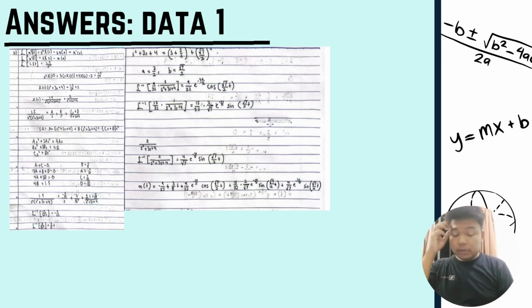then we move on to the second question 2, which is for the Laplace transform. As you can see, we go through the Laplace transform equation. Then we find the partial fractions, and then we do the simultaneous equation.